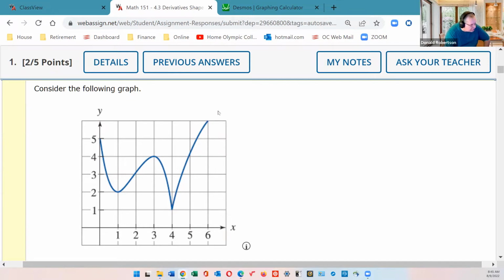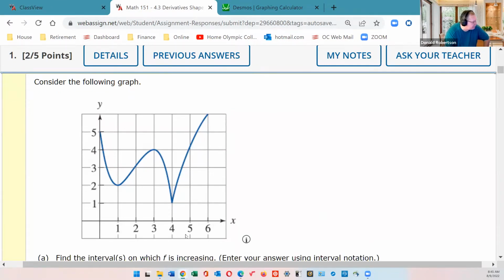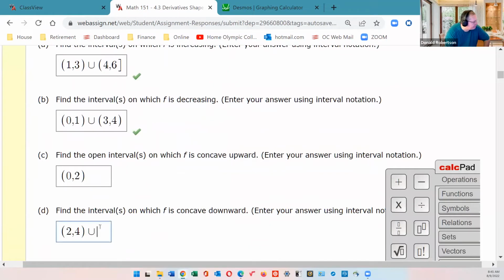Can you imagine it's curving a little bit less each time? So this is a little bit harder to see. With a little bit of imagination, can you see it's part of a sad face? And that means from 4 to 6 as well. And open intervals just means you can't use the endpoints.